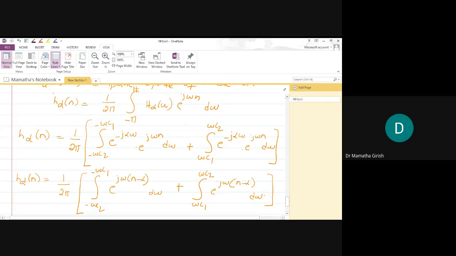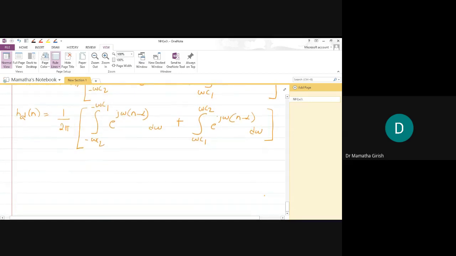Now we can integrate it and substitute the appropriate limits. Therefore, hd of n is equal to 1 divided by 2 pi, the whole square bracket. Integration of this term is e power j times omega times n minus alpha. Since it is with respect to omega, the coefficient is j times n minus alpha.